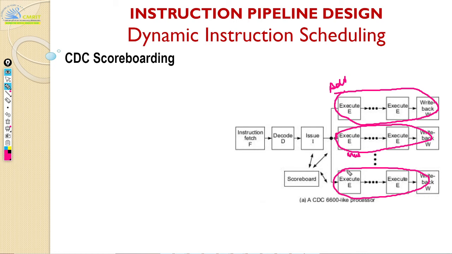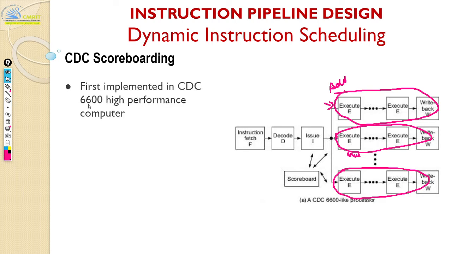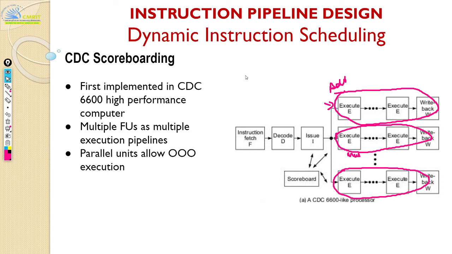It typically does what the tagging unit did. It's a reservation station plus tagging unit combined. It's going to keep track of which pipeline is free and what it is working on. It was first implemented in the CDC 6600, so that's why it's called CDC scoreboarding. With multiple functional units as execution pipelines, these parallel units allow out-of-order execution.